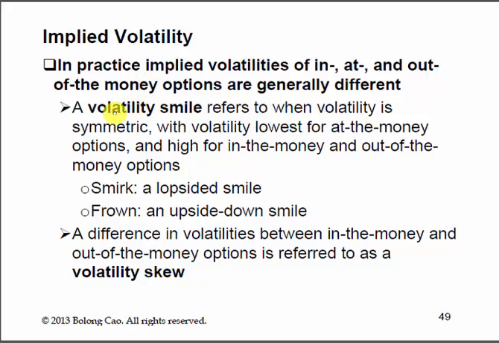A volatility smile refers to when volatility is symmetric, with volatility lowest for at the money options and high for in the money and out of the money options. Okay, so there can be a smile, and then there can be a smirk, a lopsided smile, or frown. It can be an upside down smile.